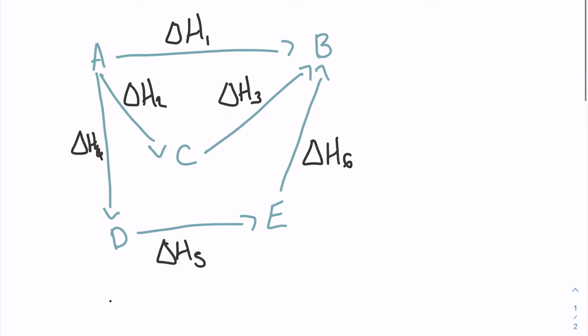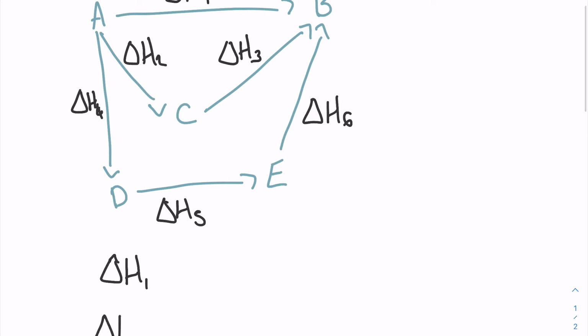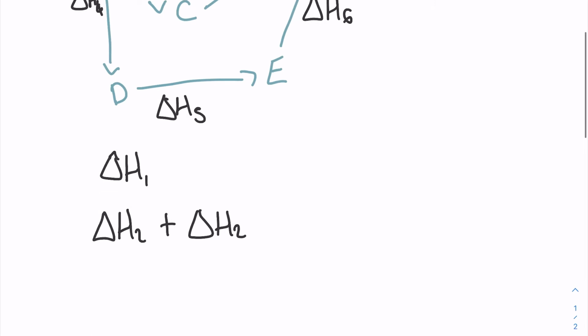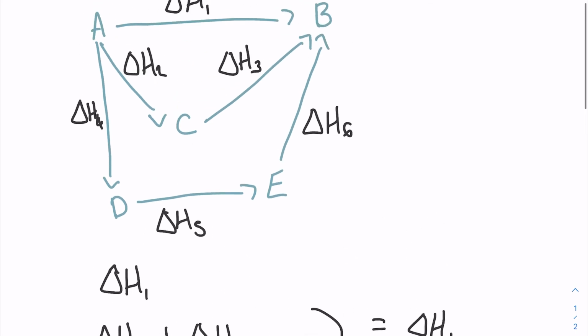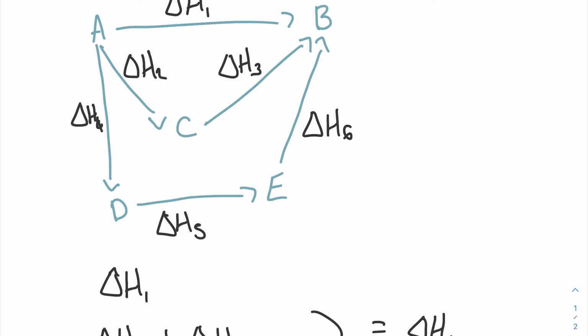We can just simply get home via delta H1, or we can go home via delta H2 and 3, and then lastly we can go home via 4, 5 and 6. Now those all equal the first, because you're still going home, you're just going a slightly different way, and you still reach your end goal at the same point.